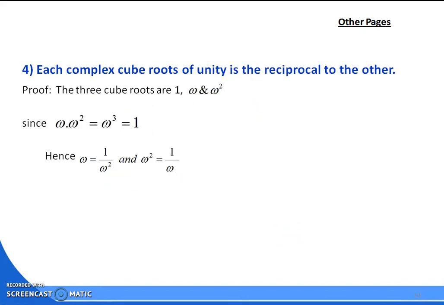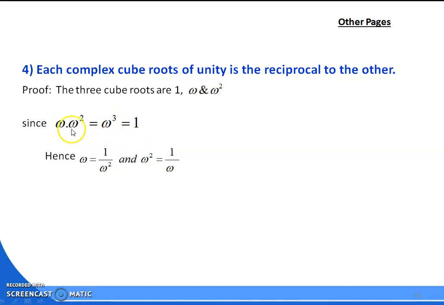Then come to the fourth property. Each complex cube root of unity is a reciprocal of the other, meaning omega and omega square are reciprocal to each other. Let us see. Omega into omega square equals omega cube, and we know omega cube equals 1.